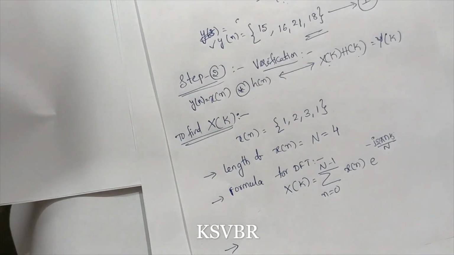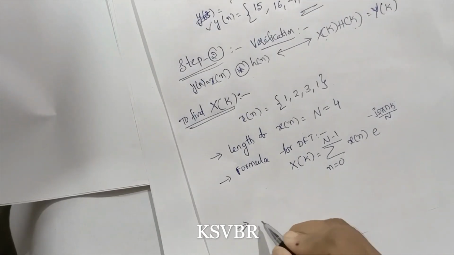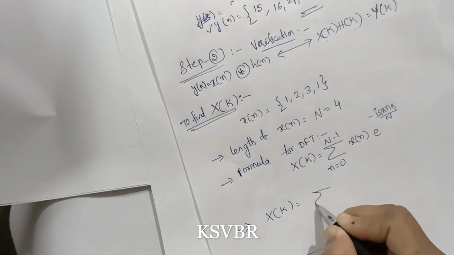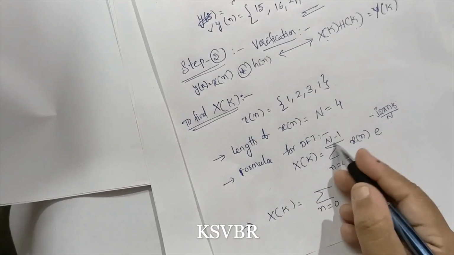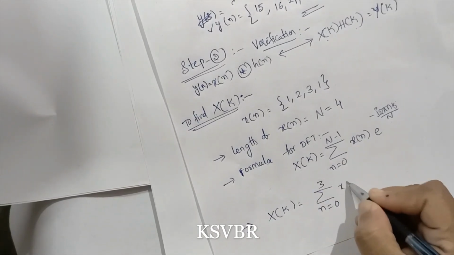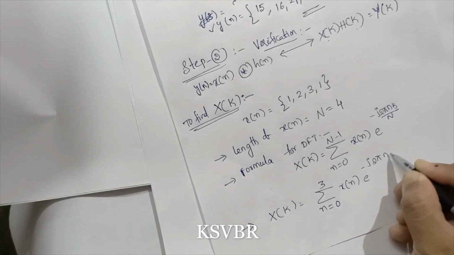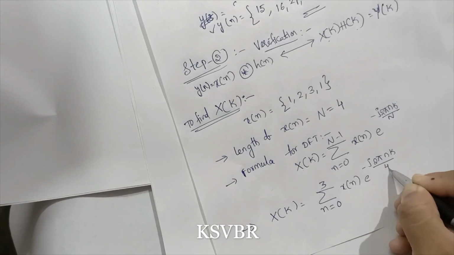Then only it will be easy. So first substitute, x of k is equal to summation n equal to 0 to N minus 1, x of n into e power minus j 2 pi nk by 4.